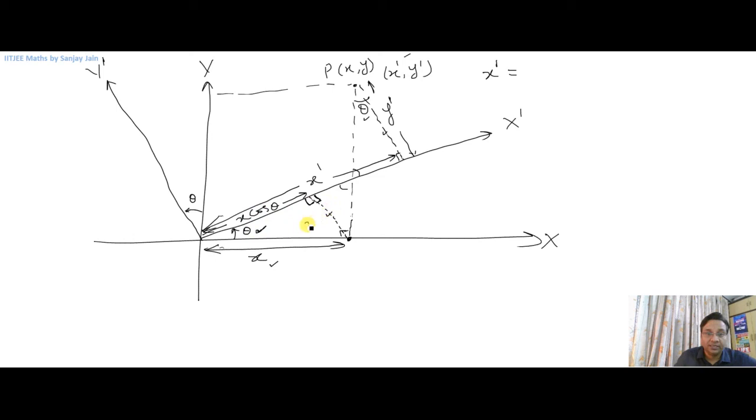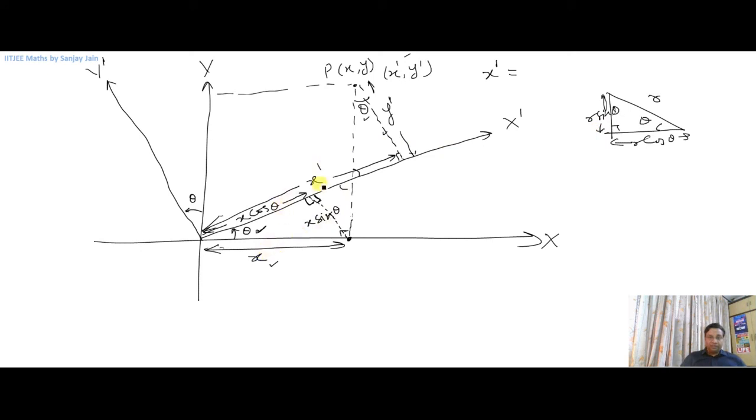What will be this side? This will be x sin theta, right? This much we already know. How to obtain these? Because in a triangle, if this is theta, this is r, this is 90 degrees, so this will be r cos theta, and the opposite side will be r sin theta. I have been telling this again and again.